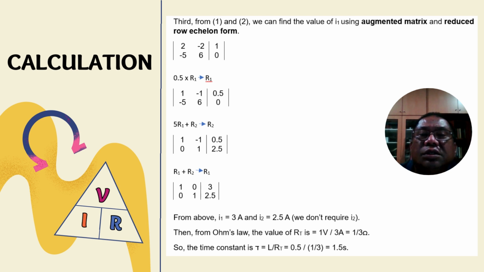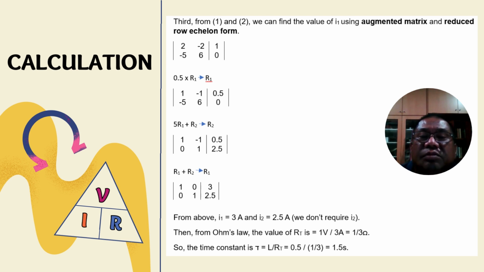From the augmented matrix below, what we do is multiply 0.5 to the first row, and we get 1, minus 1, minus 5, 6, 0.5 and 0. Next, we multiply 5 to the first row and add it to the second row, and we change the second row.